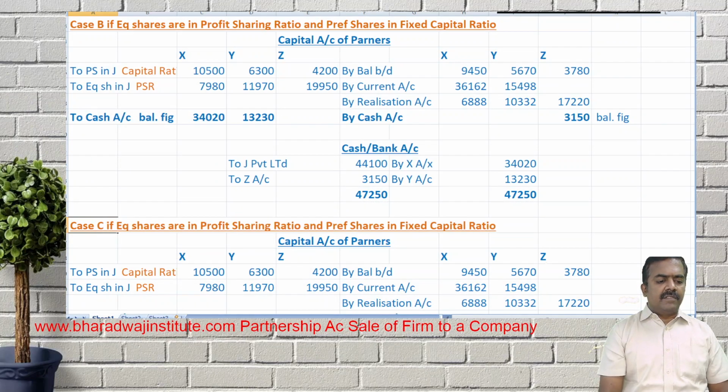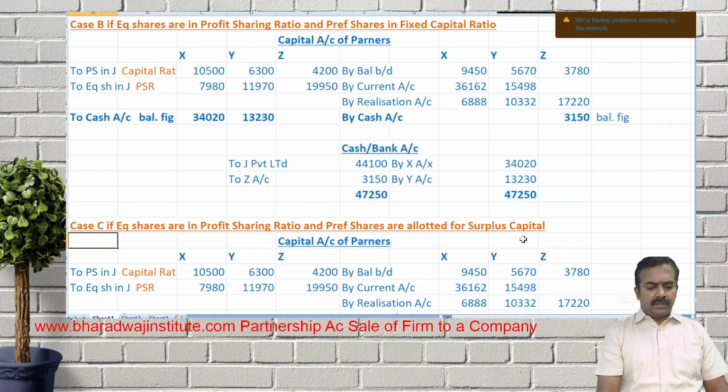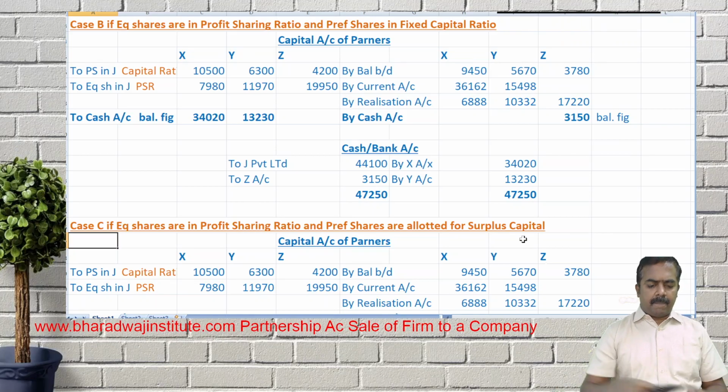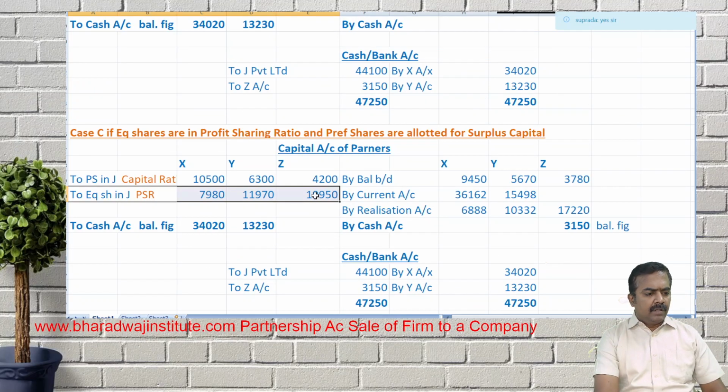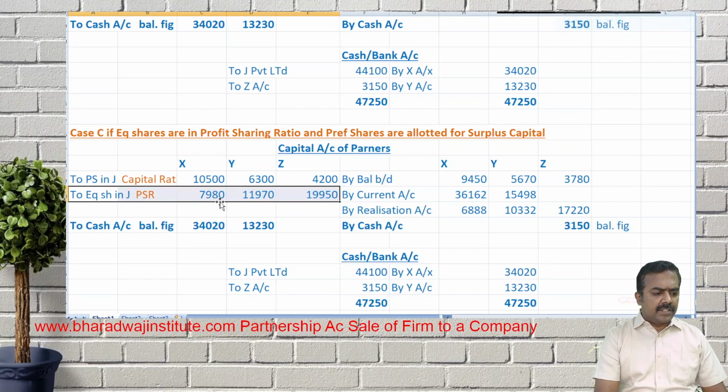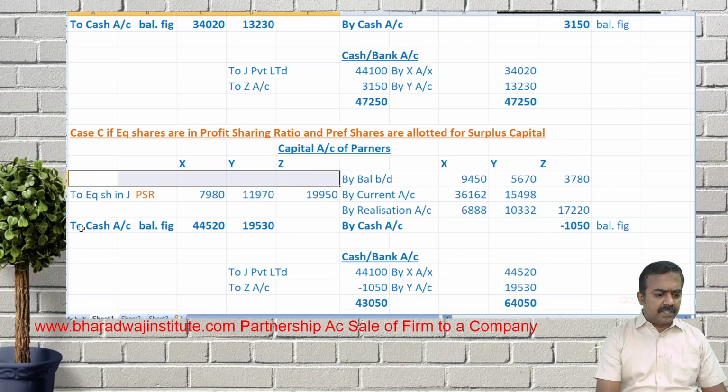Equity shares are allotted in which ratio? Profit sharing ratio. Preference shares will be allotted for surplus in capital.